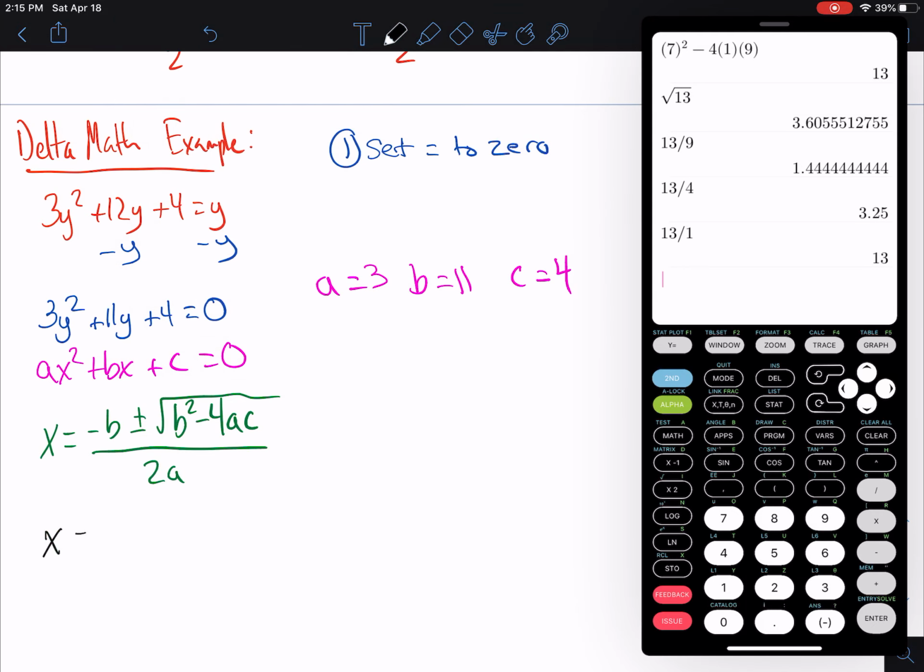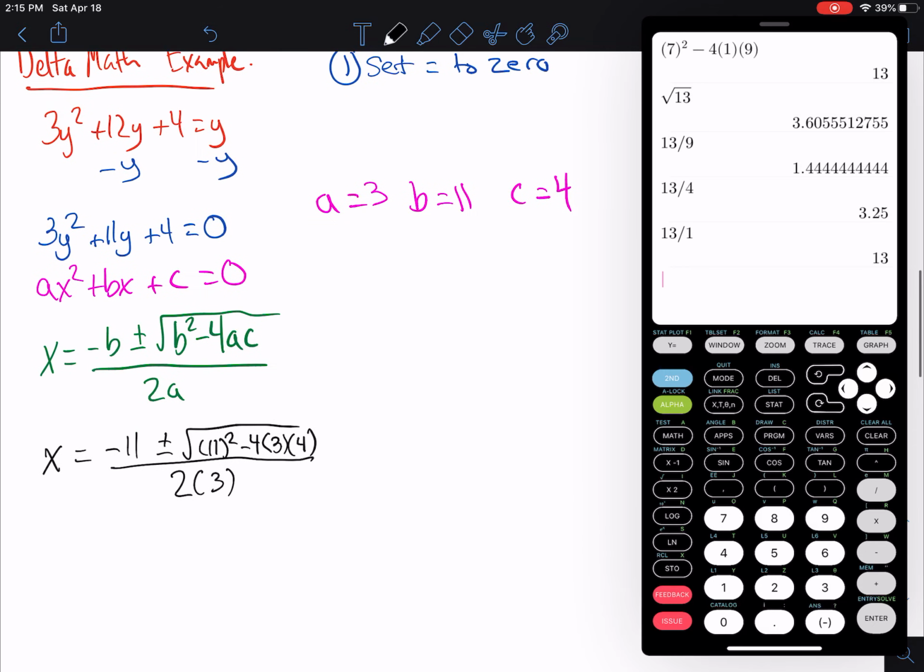So we get x equals negative 11 plus or minus the square root of 11 squared minus 4 times 3 times 4. Again, I plugged in a and I plugged in c. That number 4 is always there for the first number. And then I've got 2 times 3. If you remember, the next step is to just plug in what's under the radical.